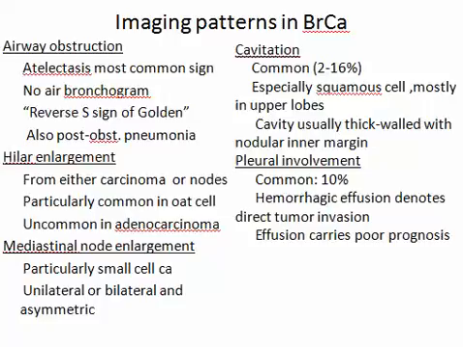That means that it is an eccentric cavity within a mass. This denotes malignancy. And finally, pleural involvement, either hemorrhagic effusion due to direct extension, and association with pleural hemorrhagic effusion denotes poor prognosis.